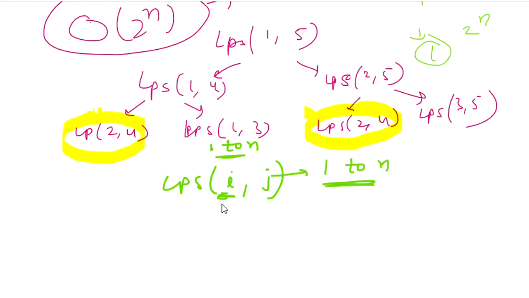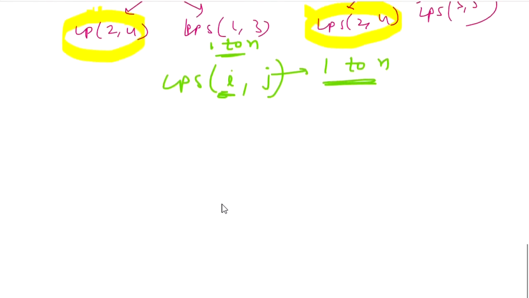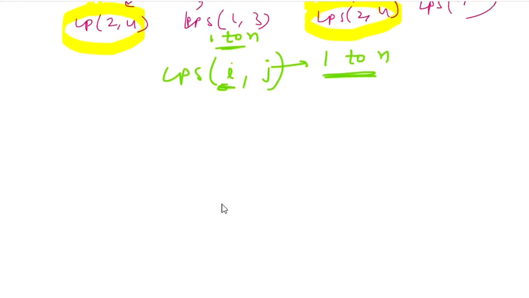So the maximum number of function calls you can make is n into n, that is n squared. We only have to compute n squared subproblems, but we are computing 2 to the power n subproblems. So we'll use dynamic programming to optimize our solution.